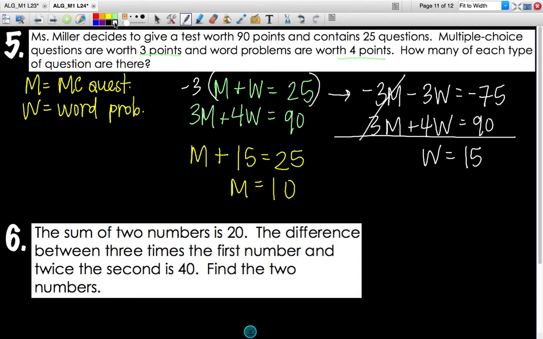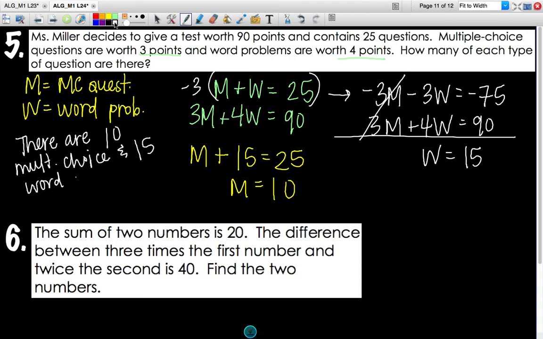So again, in words, we would write, there are 10 multiple choice and 15 word problems on the test. So you have to make sure you write your answer back in the context of the problem.